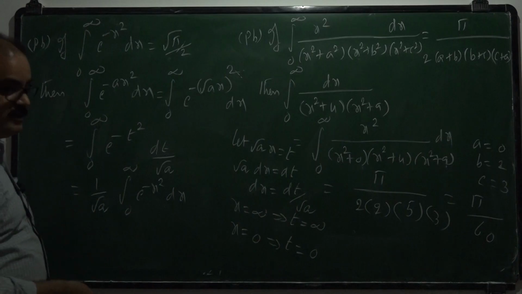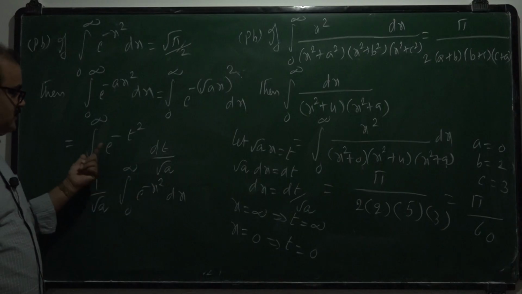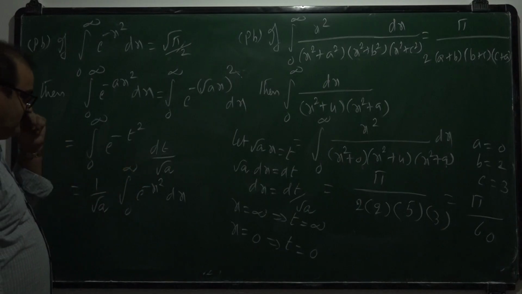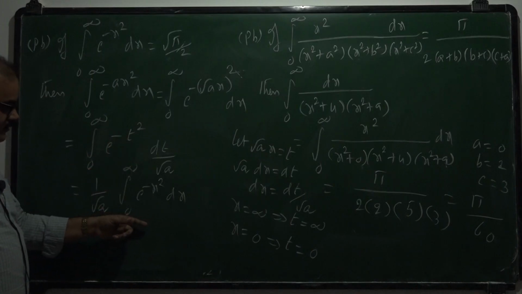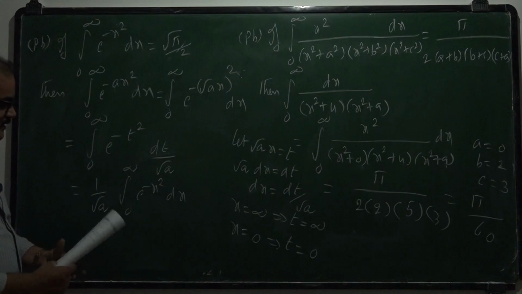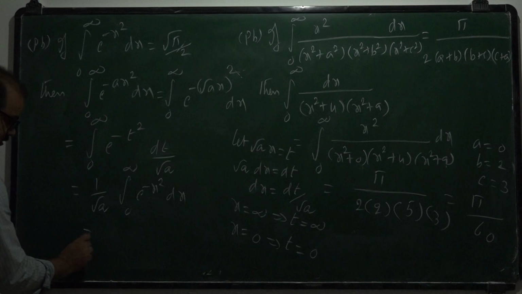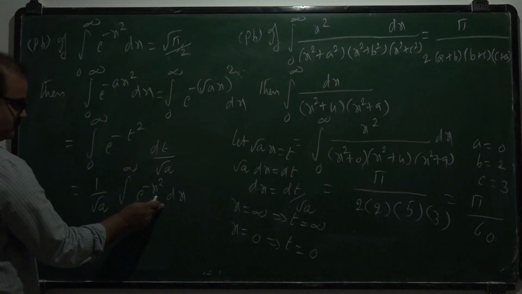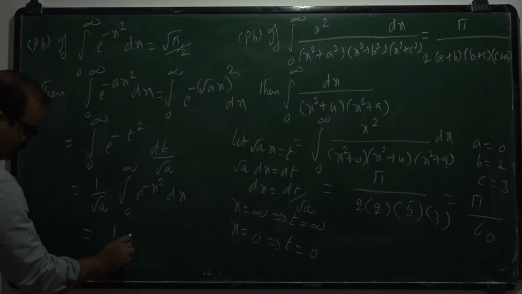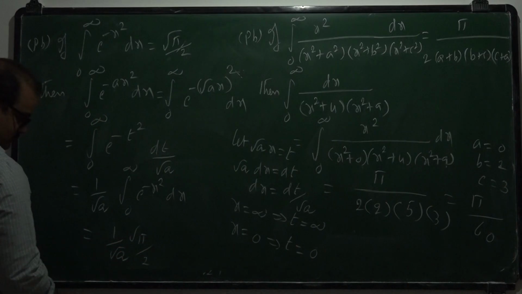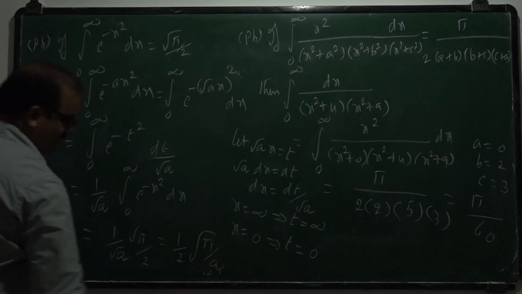In a definite integral there is one property: integral a to b f of x dx is equal to integral a to b f of t dt. On replacing the variable of the given integral, there is no change in the value. So in place of t we take x. The value of this integral is root pi by 2, so 1 by root a into root pi by 2. This is 1 by 2 into square root of pi by a.